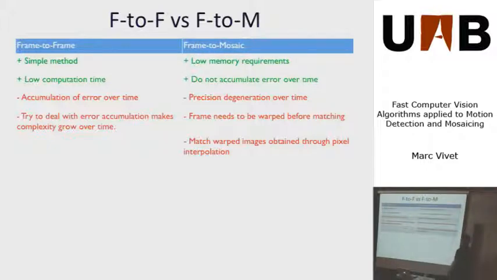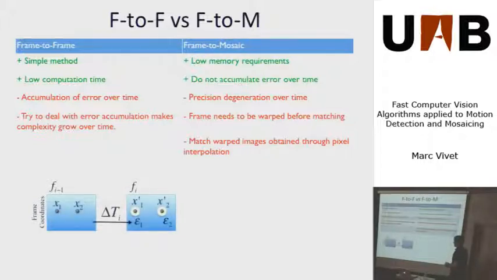In the case of frame-to-mosaic, they require very low memory. You only need to keep the mosaic, and you do not accumulate the error over time. The problem is what we call precision degeneration. Imagine when we estimate the transformation between two frames, the error produced in 2 points is similar because the transformation is very small.